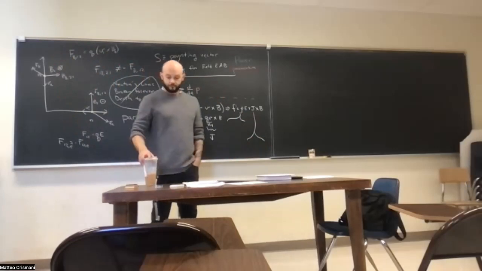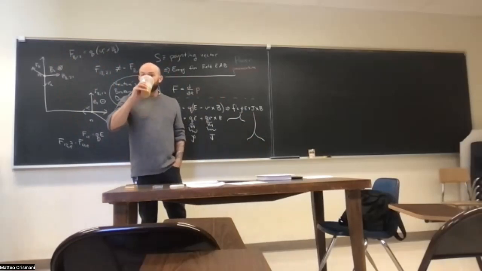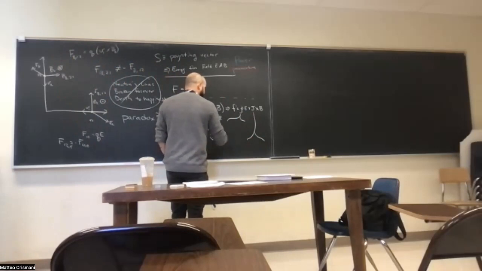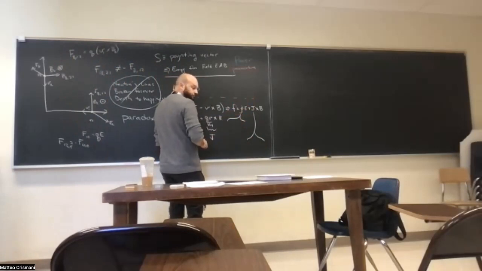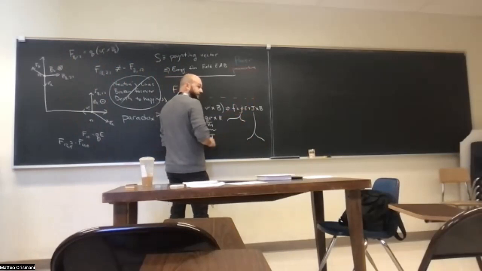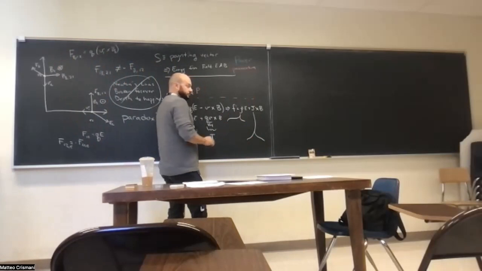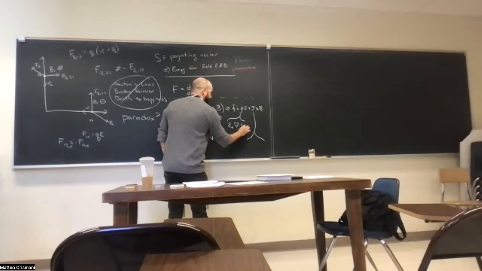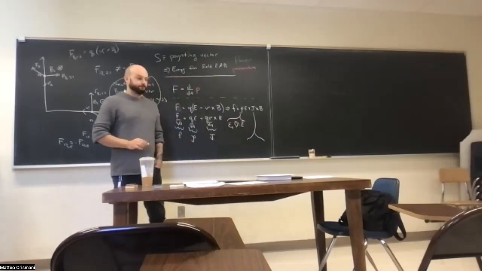For rho, hold on, this one. Rho is divergence of E, all times epsilon. Good. Good, and then someone else for J.